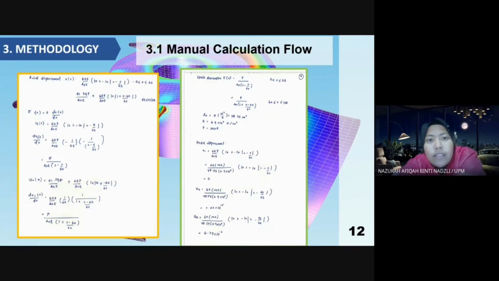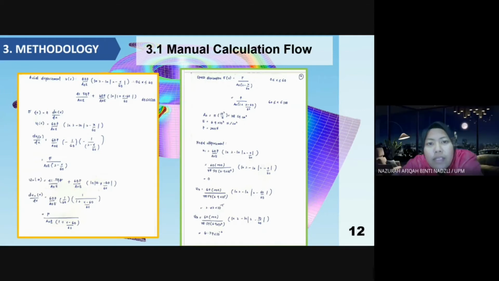So for the stress distribution, after we differentiate the axial displacement, we get the stress distribution, which you can see in the green picture, 0 to 60 and 60 to 100.